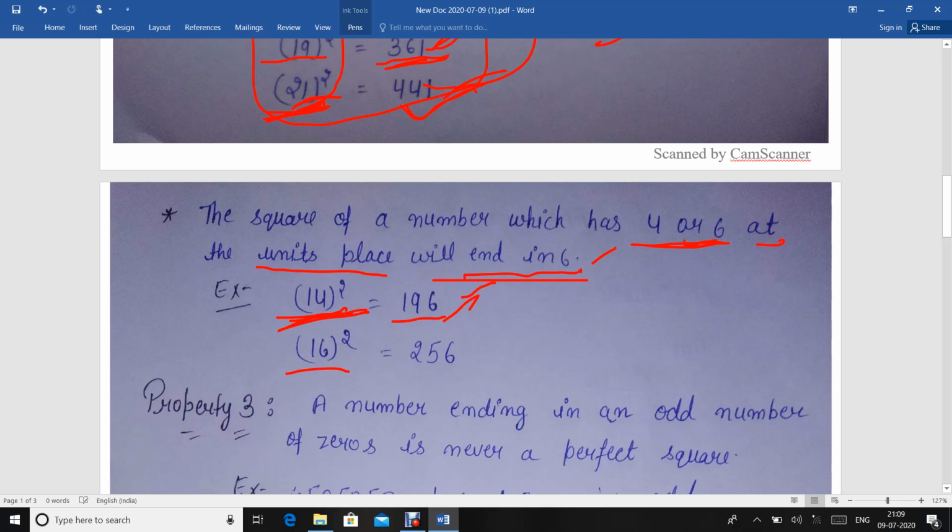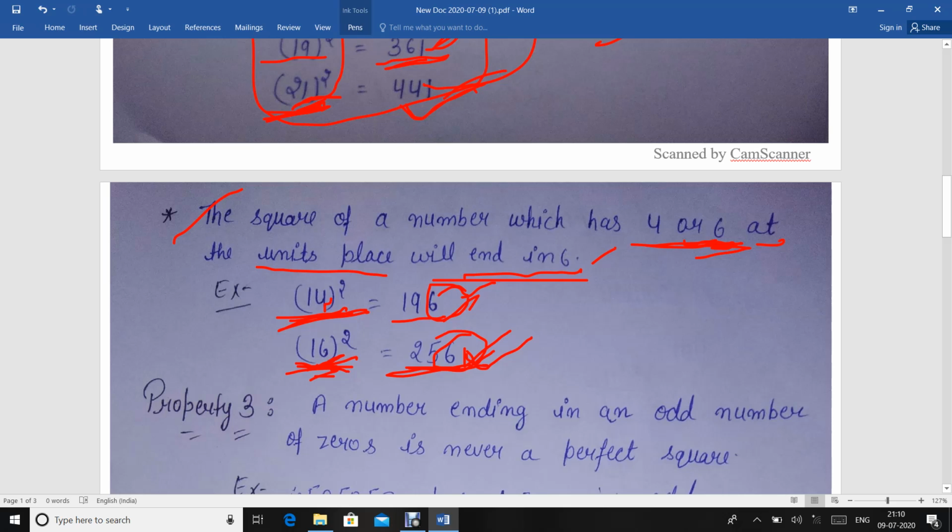Similarly, the square of 16 is 256. 16 holds 6 in the unit place, and the square of 16, that is 256, is holding 6 in the unit place as the property is saying: the square of a number which has 4 or 6 at the unit place will end in 6.